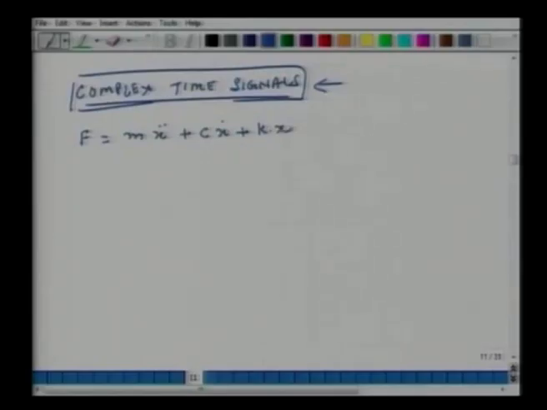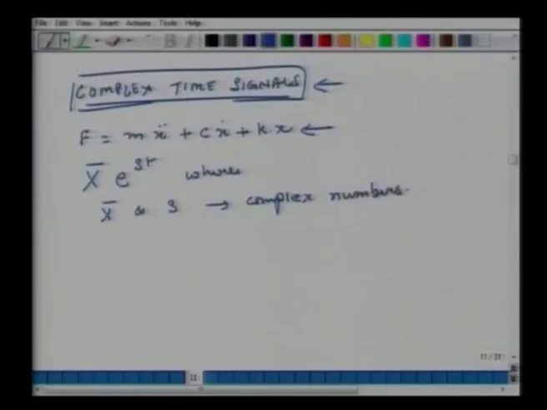So a solution for this kind of an equation in a very general sense could be of the form x bar e^(st), where x bar and s both can be complex numbers. So again, a very general solution could be of this form x bar e^(st), where x bar is a number and s is a number, but they need not be real numbers. And x bar is called complex amplitude.